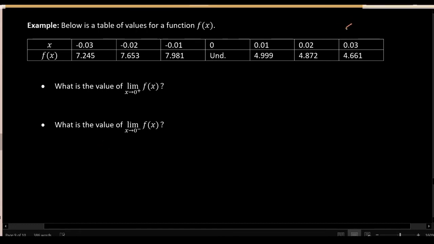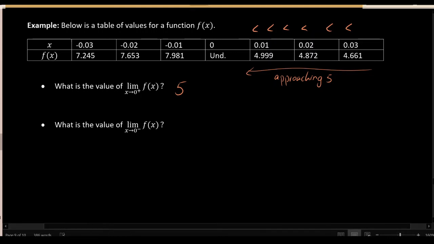As x approaches 0 from the right-hand side, what are the y values doing? 4.6, 4.8, 4.999. The y values are approaching 5. And therefore the limit as x approaches 0 from the right is equal to 5.